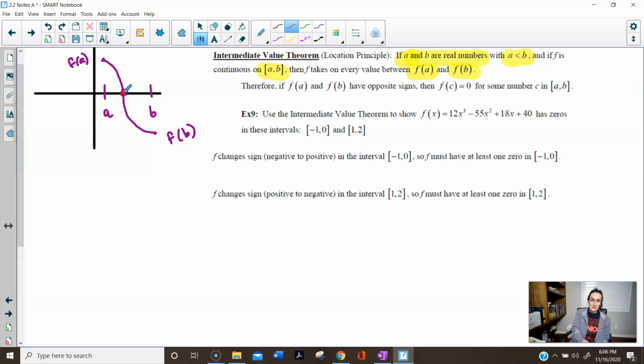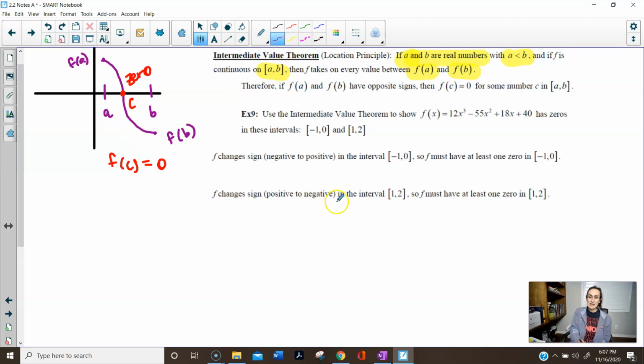So this right here is going to be C. And F of C is equal to 0. It says F of C equals 0 for some number C in A to B. So C is going to be our zero. And we get this sign change here.